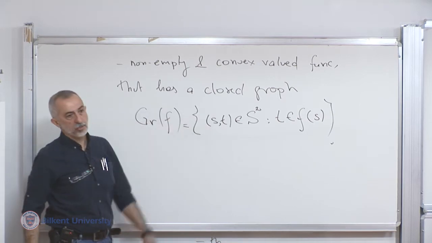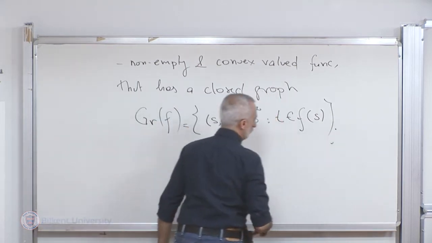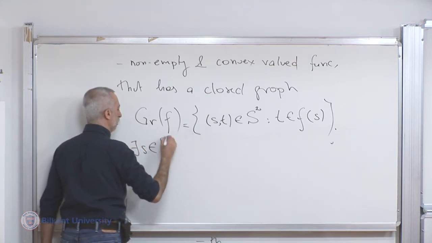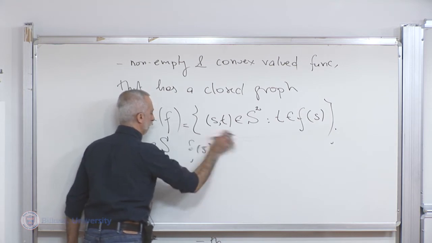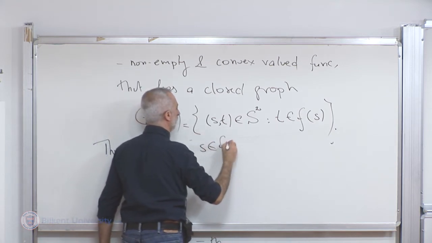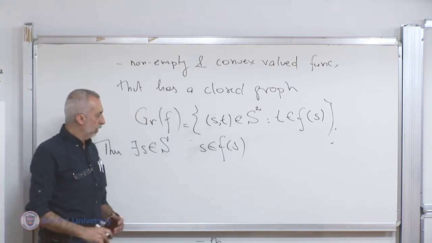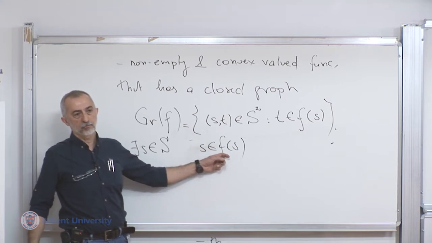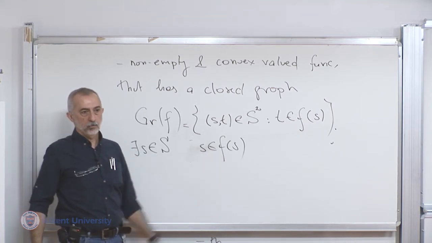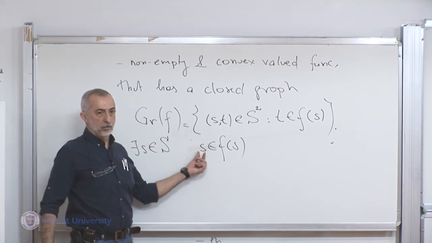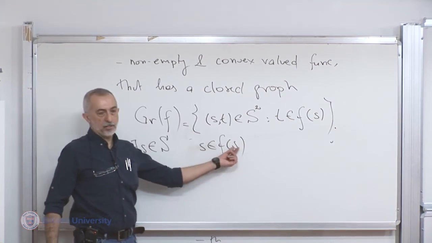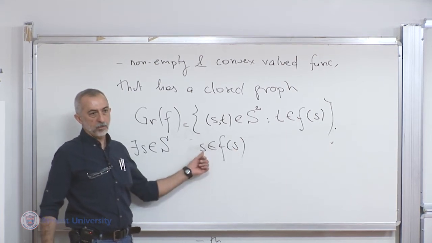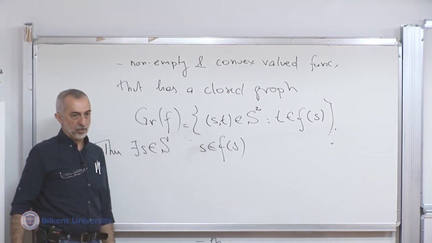So if this is the case, then there exists an S in capital S such that S is an element of f of S. We call this a fixed point of the function f, or the correspondence f. So there is an S such that the image of S contains itself. That's what Kakutani's fixed point theorem is.